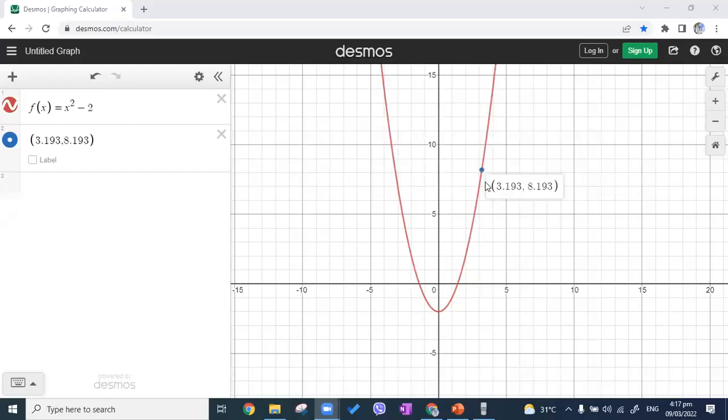Okay, so we have here the parabola given and the point on the parabola. So which is 3.193 and 8.193. Okay, so ang hinahanap natin is yung equation ng line tangent to the curve, which looks like this.